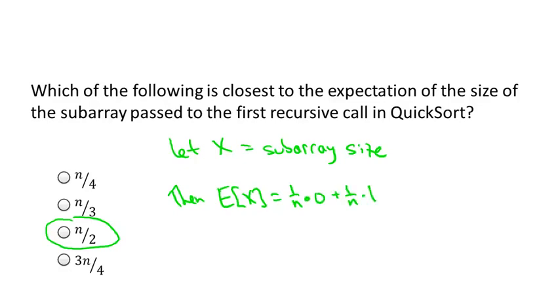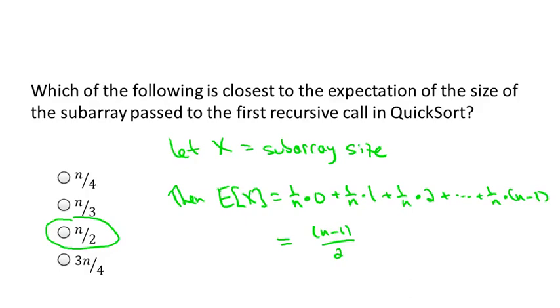With probability 1 over n, we pick the second smallest element, resulting in 1 element being passed to the first recursive call. With probability 1 over n, we pick the third smallest, giving us a subarray size of 2, and so on. And then with probability 1 over n, we pick the maximum element, giving us a subarray size of n minus 1. So if you just compute this sum out, you will get, as expected, n minus 1 over 2.